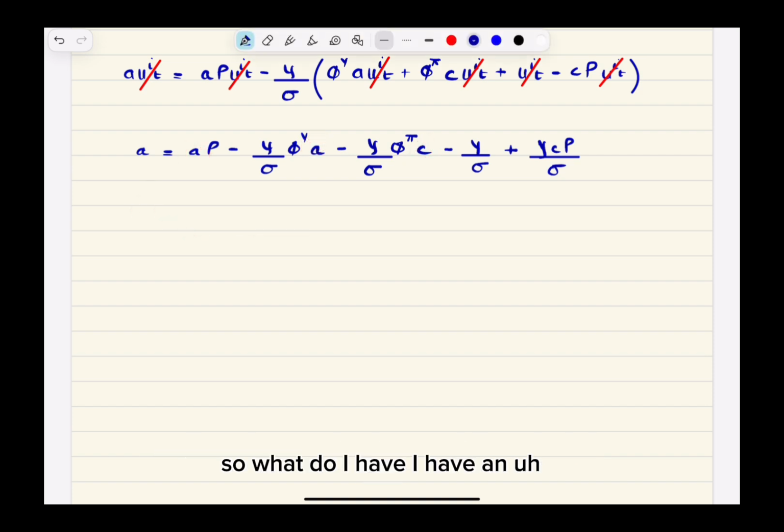So what do I have? I have a minus a rho plus gamma delta sigma coefficient of output. Yeah, this all comes with a.